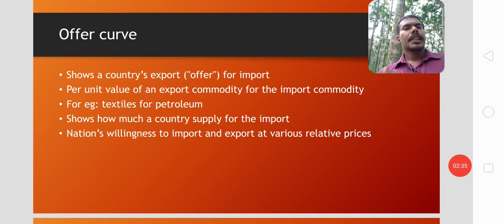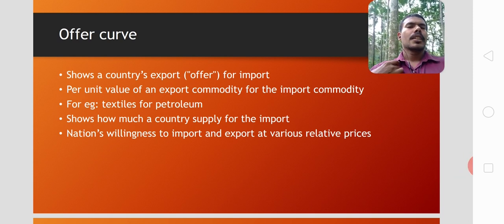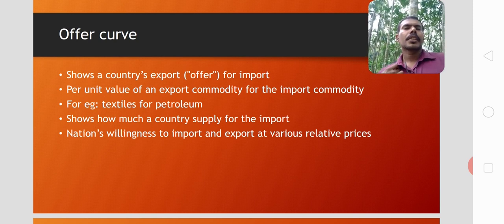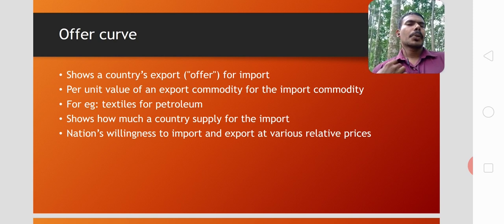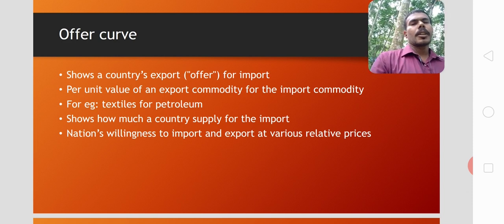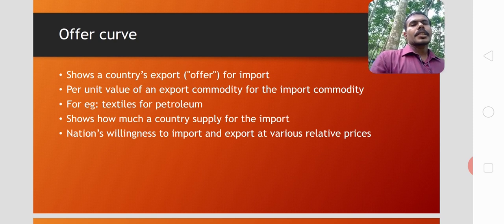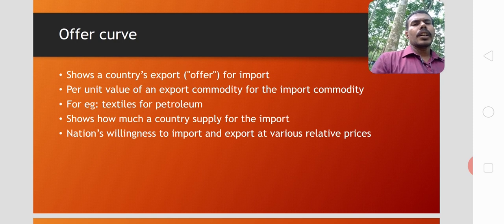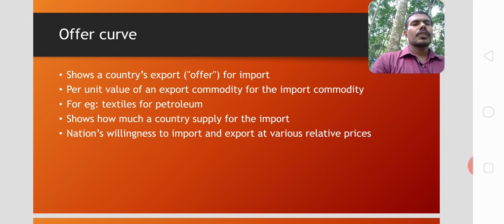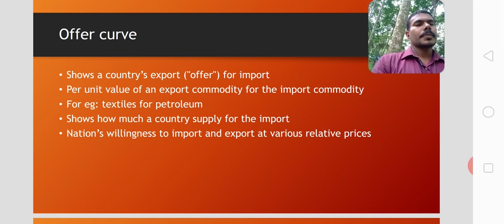For that we have the example of textile commodities and petroleum commodities. Suppose textile products are being exported, and petroleum crude oil is being imported. We just want to look at the offer curve analysis for the commodities of textile and petroleum crude oil.